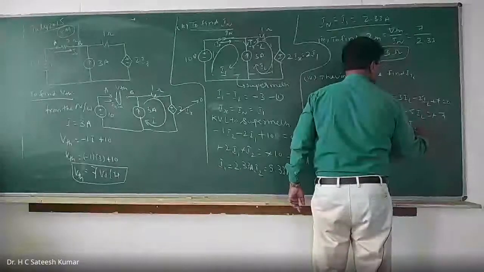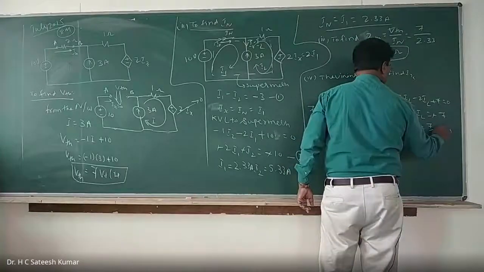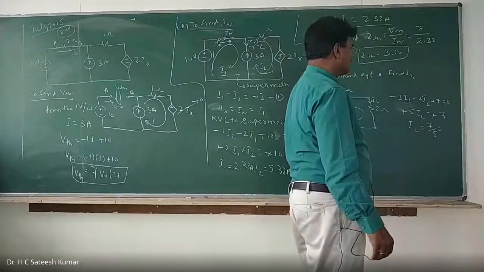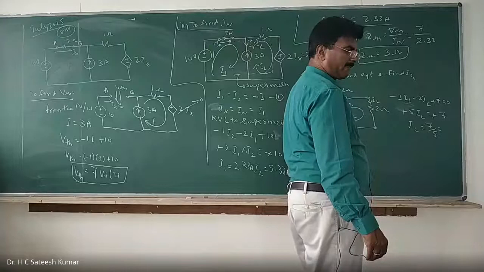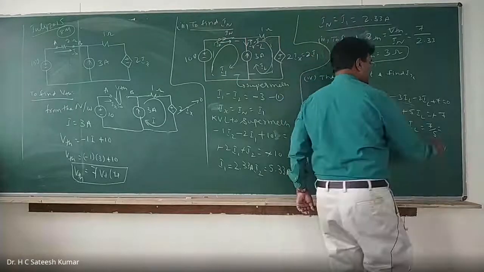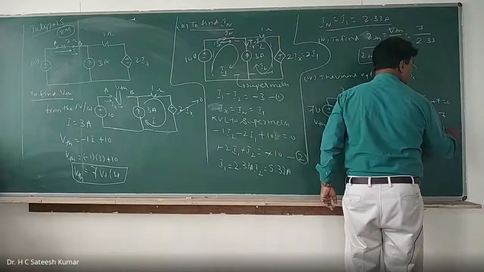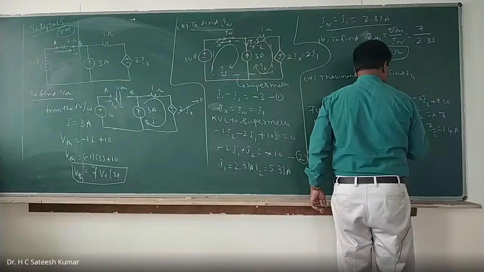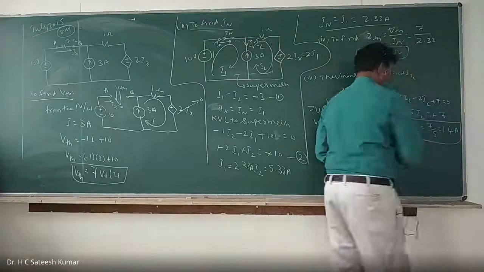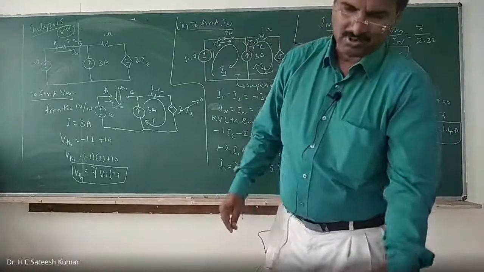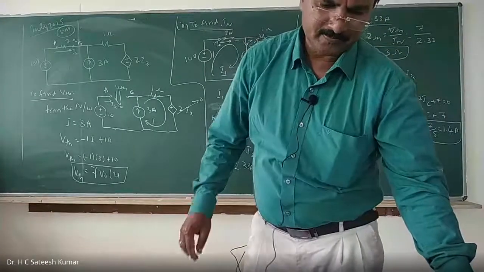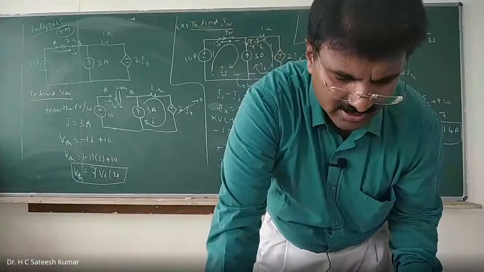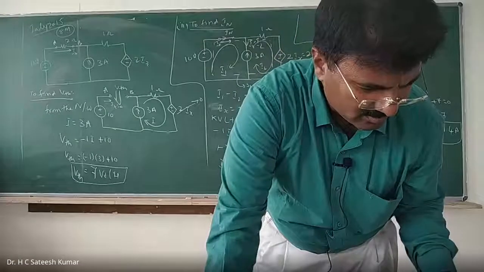IL is equal to 7 by 5, which is 1.4 amps. Is this IL or IX? As per the question paper, it is IX. 1.4 amps is the correct answer. So we can do this kind of problems also.